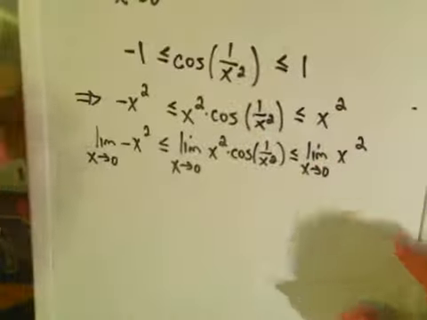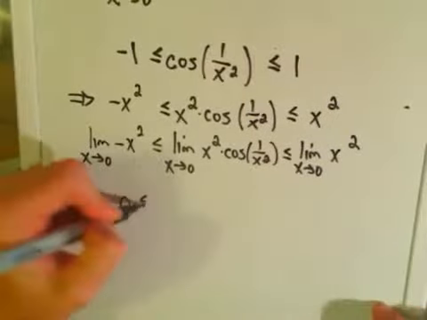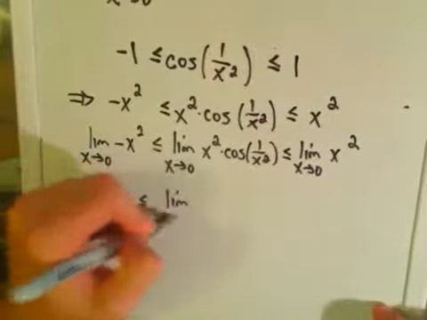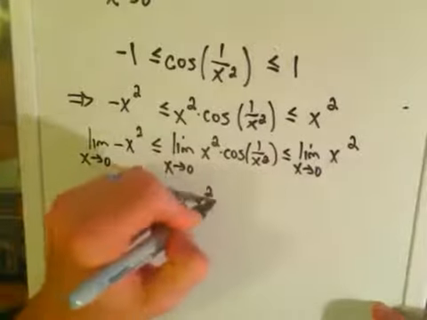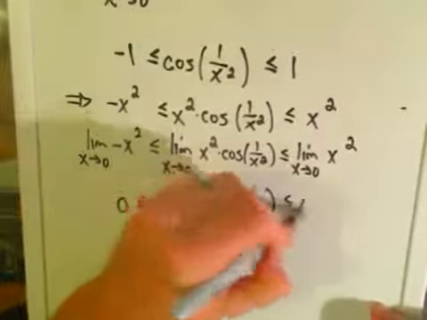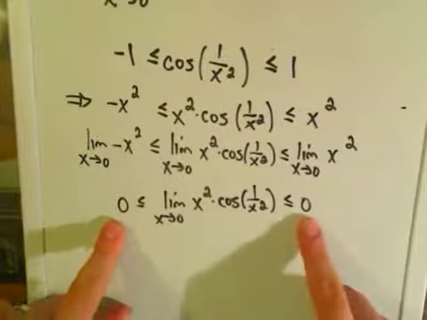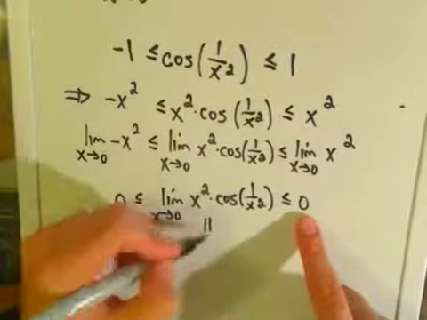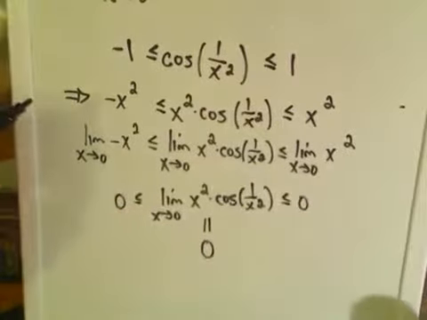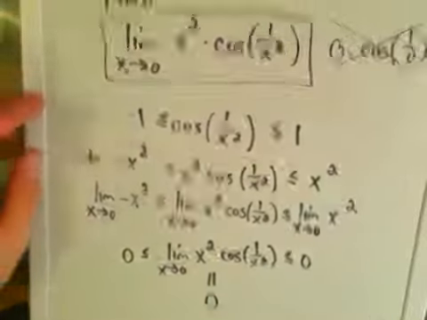But obviously we can just plug in x equals 0 on our outside parts, and we'll get that the limit as x approaches 0 of x squared times cosine of 1 over x squared is greater than or equal to 0, less than or equal to 0, so we can make the conclusion that this limit that originally we were interested in also equals 0.